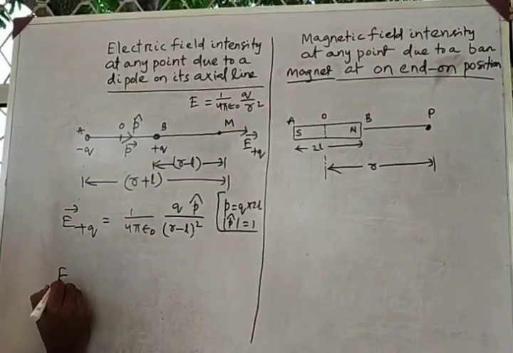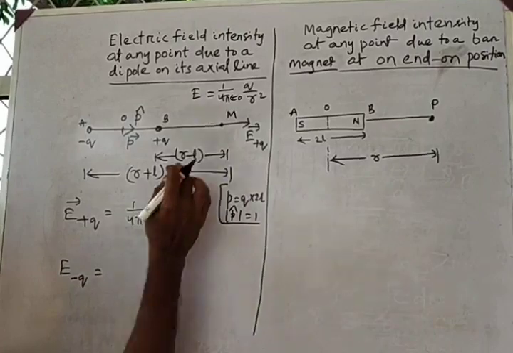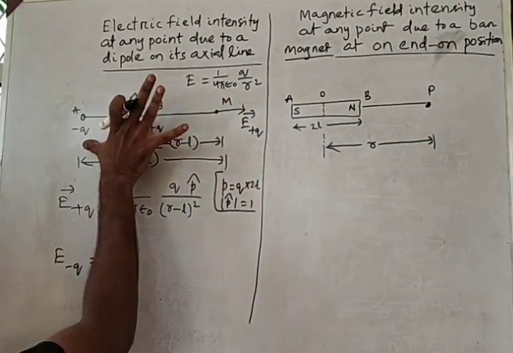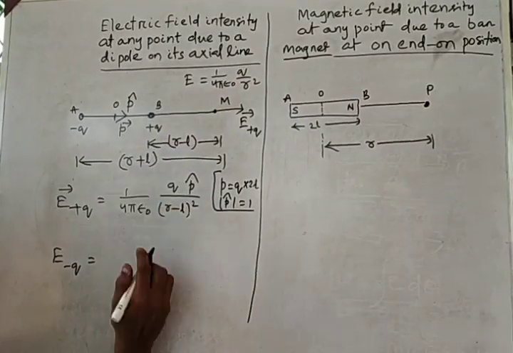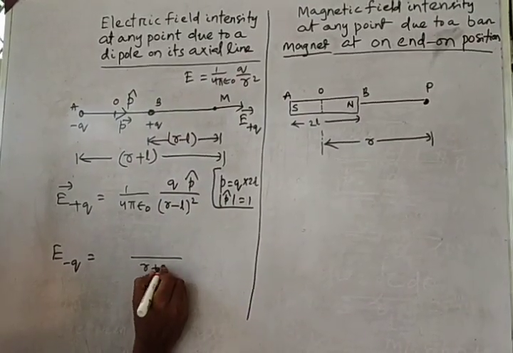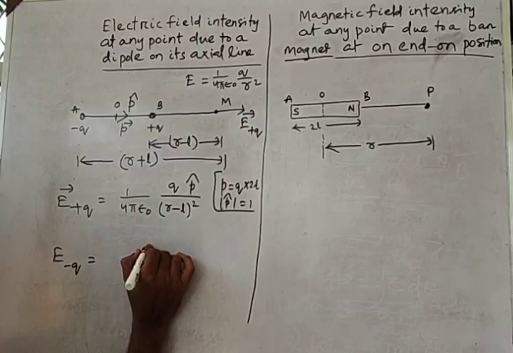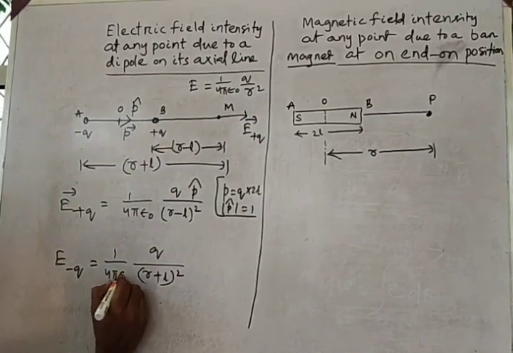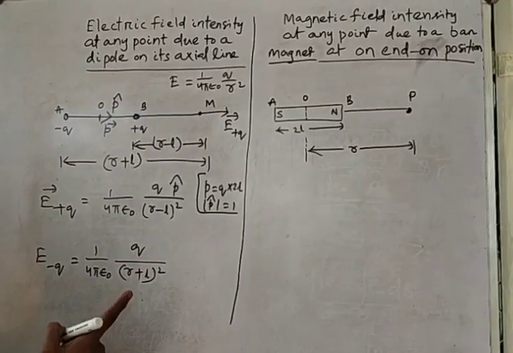Now I am writing the electric field due to the minus Q charge at M. The distance from minus Q to M is R plus L, so I can write R plus L whole square. Now don't use minus Q, just write Q, and this will be 1 by 4 pi epsilon 0. But use the vector sign.